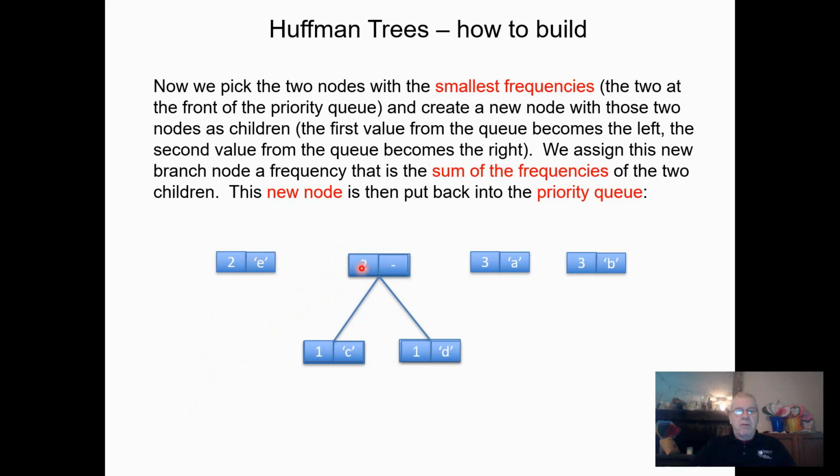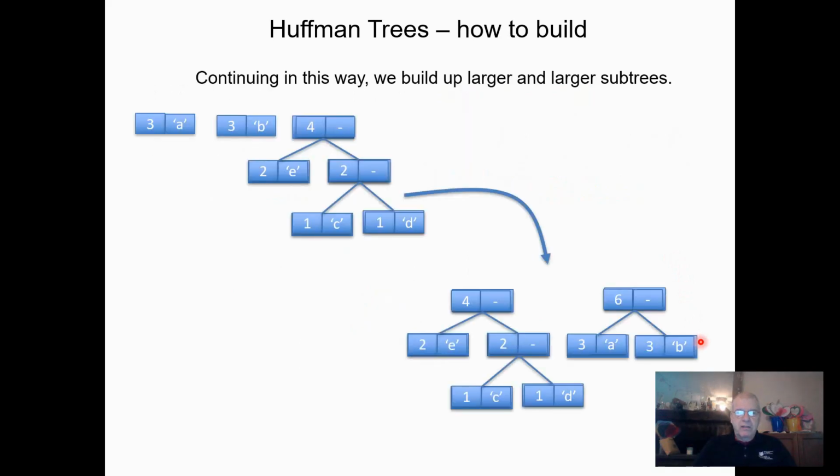So now the next step is to put 2 plus 2 together and get 4. Put that at the end of the tree of the string, like this. So 2 plus 2 is equal to 4.